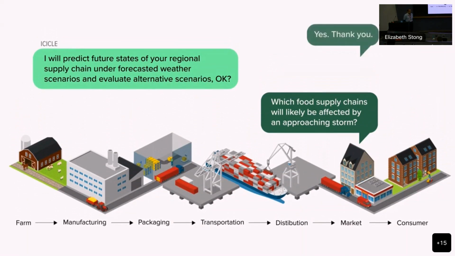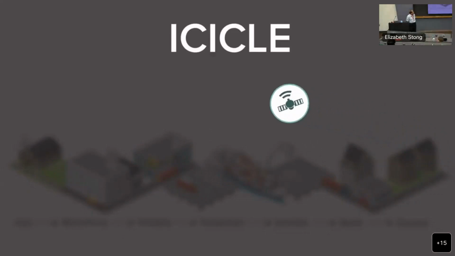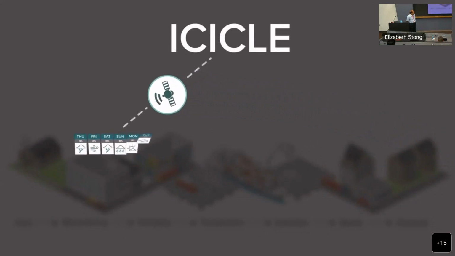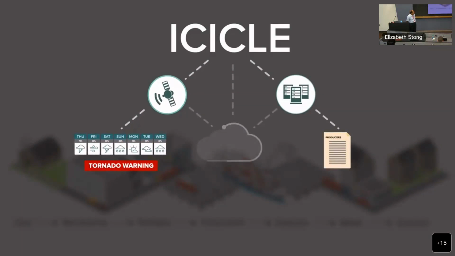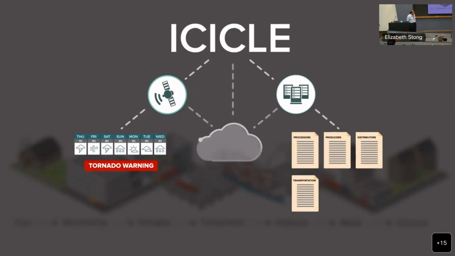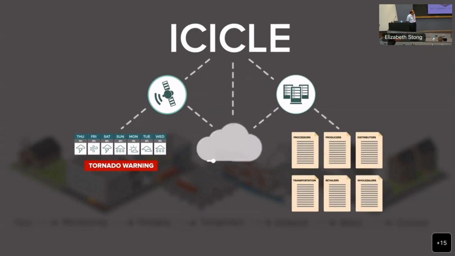Okay? Upon confirmation, ICICLE would then retrieve satellite data on weather, connect to weather forecast models, acquire inventory data for food producers, processors, distributors, transportation networks, wholesalers, and retailers throughout the region. Use AI models to forecast supply chain conditions from a baseline, and alternative logistics that maintain consistent food supply for vulnerable populations, and estimate supply chain disruptions based on historical and current data from other locations, mindful of privacy.